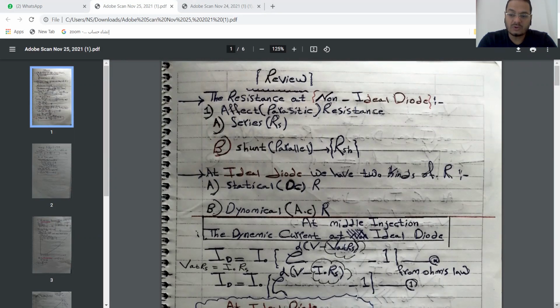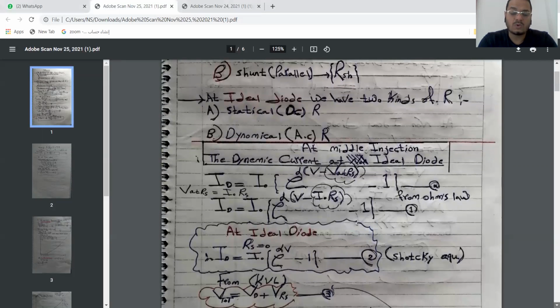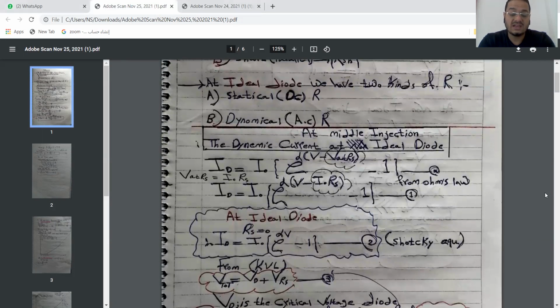Now let's talk about how, at middle injection, we can calculate the dynamic current at ideal diode. We will start from the diode current equals saturation current times exponential of the diode constant times (V minus V at Rs), that means the potential difference at series resistance, minus 1. From Ohm's law, V at Rs equals saturation current times series resistance.